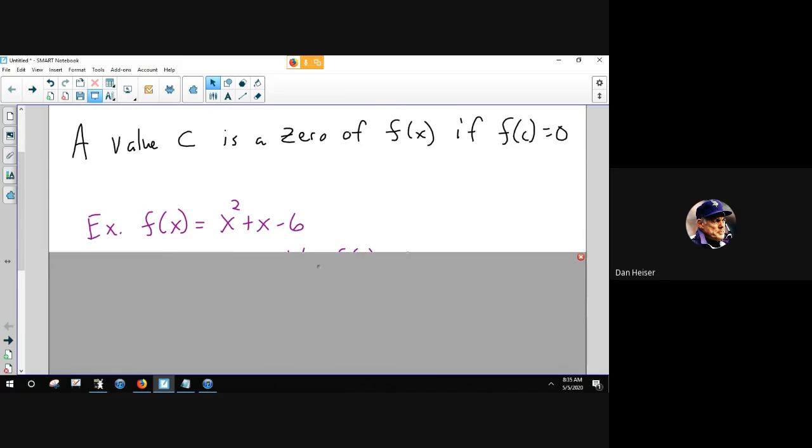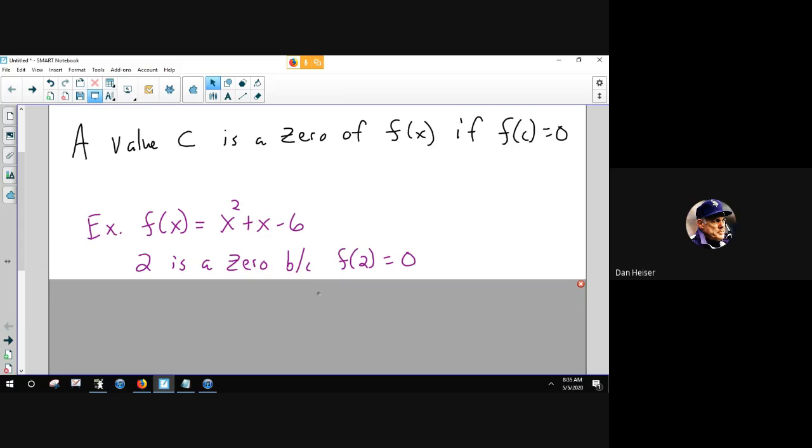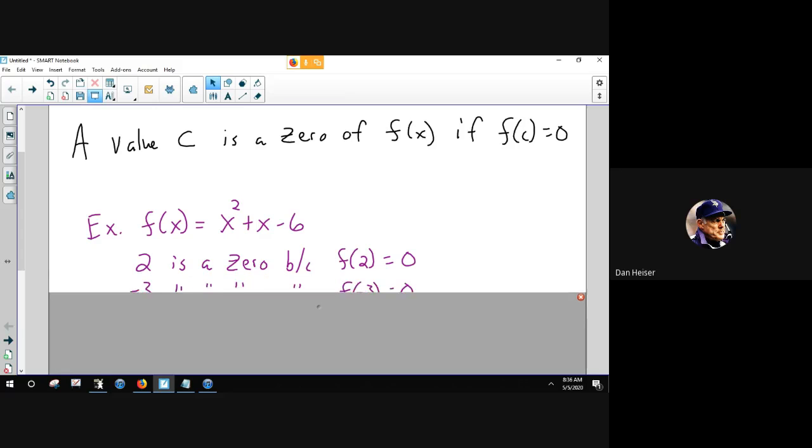For example, here's a function f of x equals x squared plus x minus 6. We say that 2 is a zero because if you plug in 2, you get 0. Also, if you plug in negative 3, negative 3 is a zero because plugging negative 3 into f also gives you the value 0.